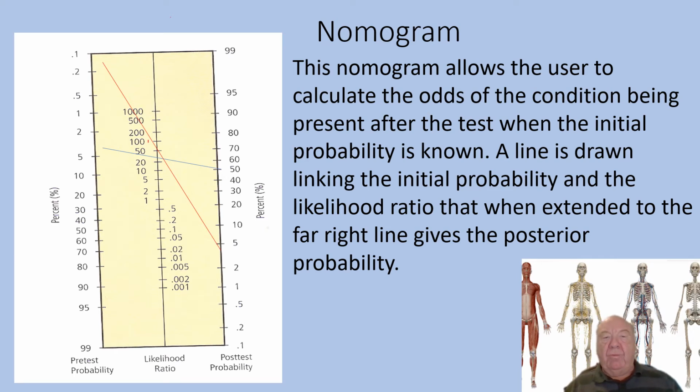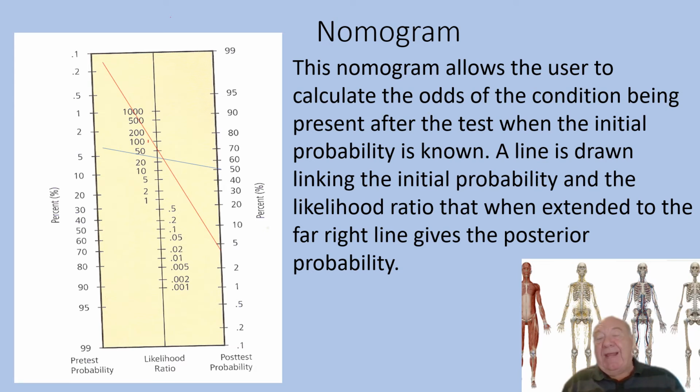If you run the line from 5 through 20 onto the right-hand column, you end up with a post-test probability of around 50%. So that's a 10 times increase for this particular test. That's quite a big increase, and now the odds are 50%, 1 to 1, an even chance that this patient has the disease.